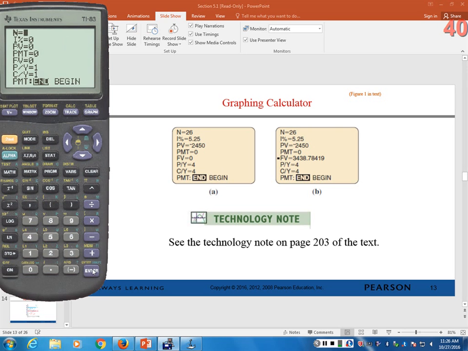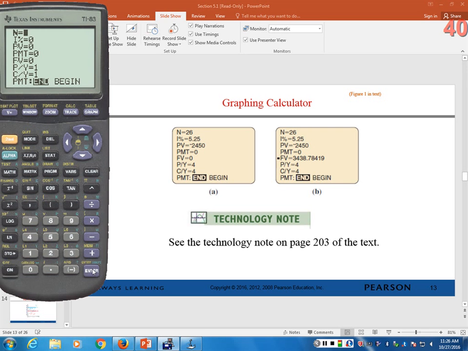And N in this case stands for the number of compoundings. I is the interest rate that's stated in the problem. PV is present value.